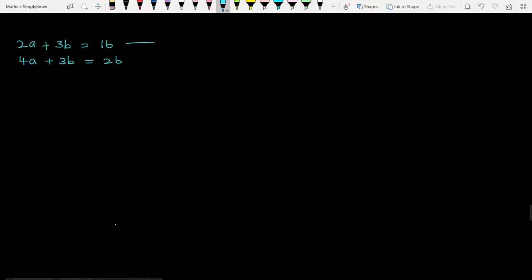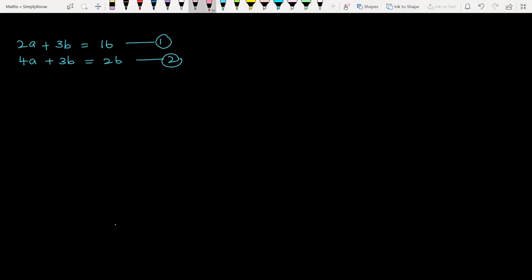Okay, what about these two equations? What is our first step? We need to eliminate one unknown. So what is the unknown that we are going to eliminate? It's the unknown that has the same coefficients in both equations.